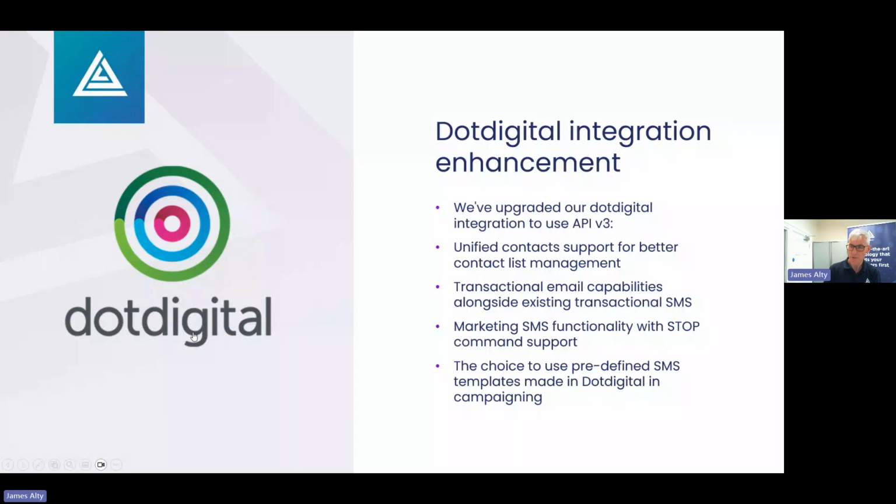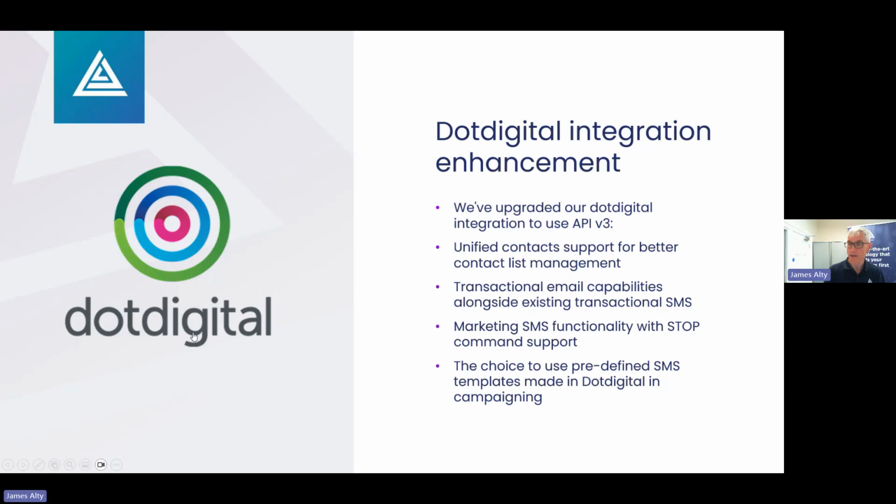For those of you who use Digital, we support about 25 different email service providers, alongside Apteco email that's built in, alongside Apteco SMS, which is built in, alongside WhatsApp and socials, which are all built in. We know some people have established ESP relationships, and we've done the work to support Digital API version 3, which allows for better management.